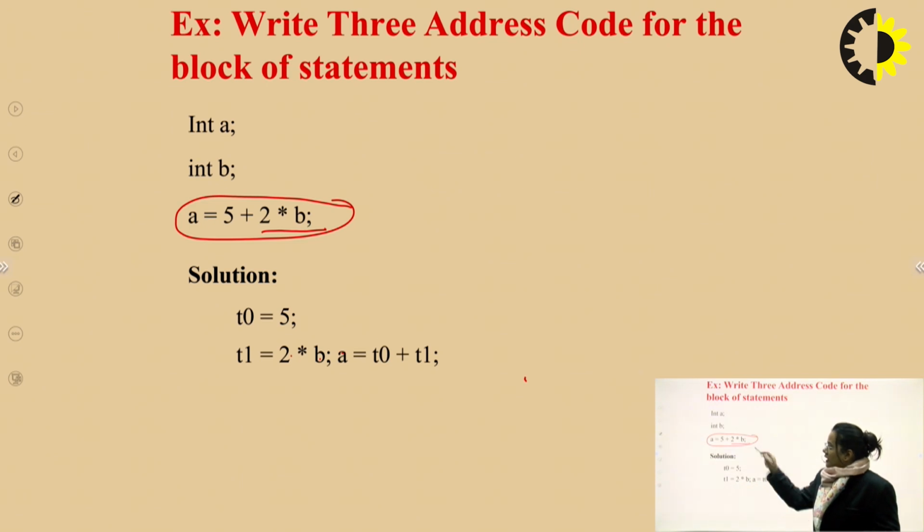After that, a = t0 + t1. The value 5 will be in t0, and the result will be in a.